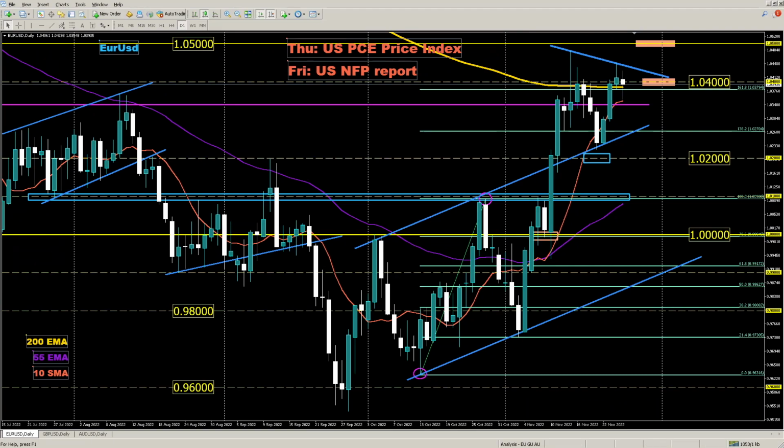It could also be forming a triangle and consolidating inside this triangle, between the upper trend line and the lower trend line, which is actually from the upper channel trend line. So it will need to break out higher to test the next round figure at 105.